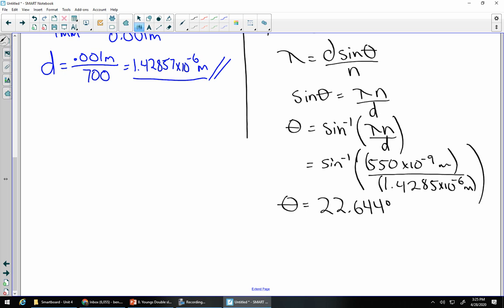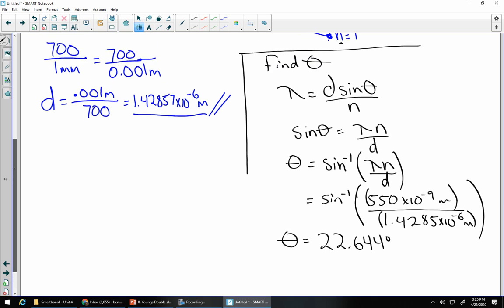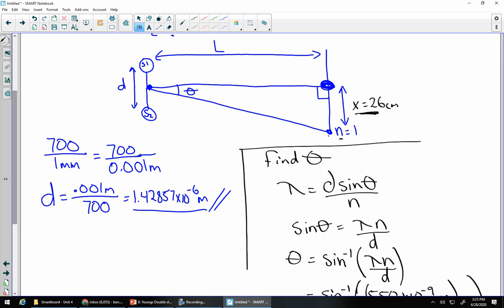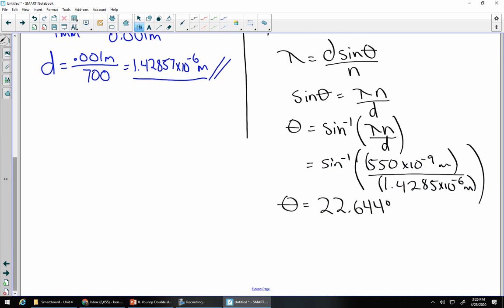There's got to be another way, though. So let's go back up to here and check this out. It's a right angle triangle. I just figured out that this is 22.6 degrees, roughly. I know the opposite side, and I'm looking for the adjacent side. Hold on. We can do this. We have the angle, so let's just use the tan function. Easy peasy.